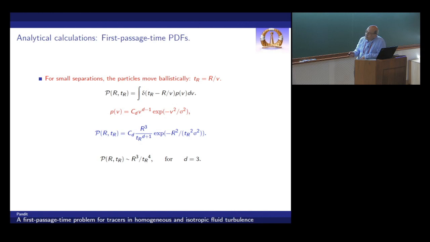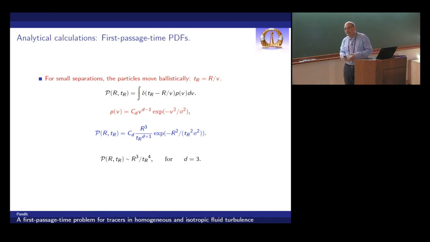So the time t_R is R divided by v, where v is the velocity. And so you can relate it then, this P of t_R becomes an integral of this delta function, p(v) dv. Now, little p(v) is the distribution function for the velocities.